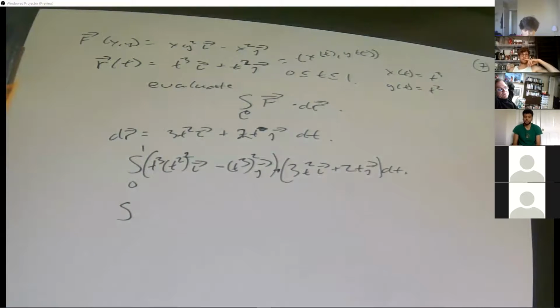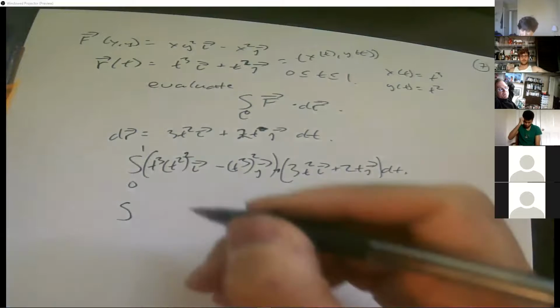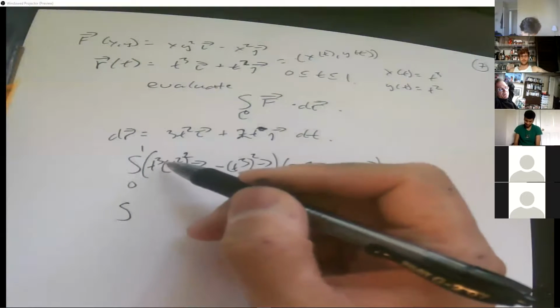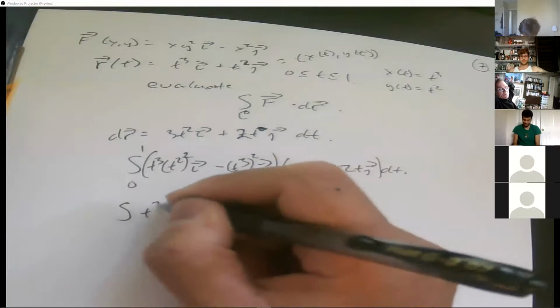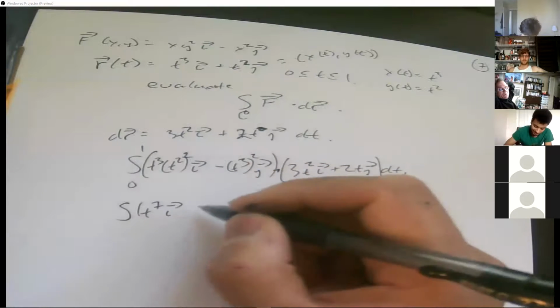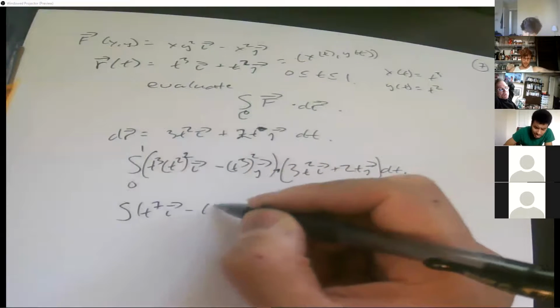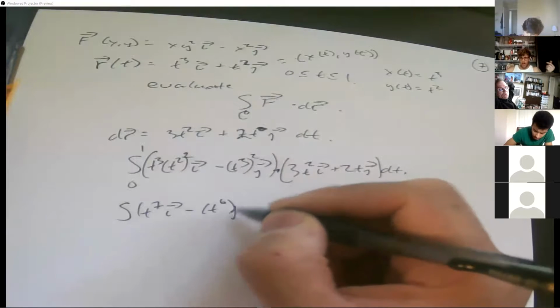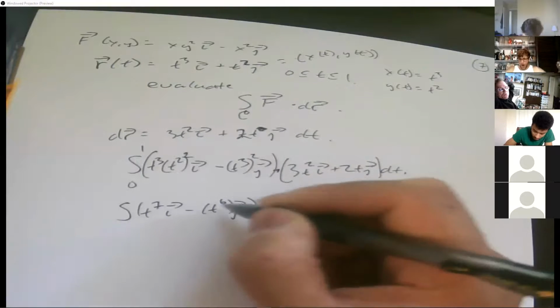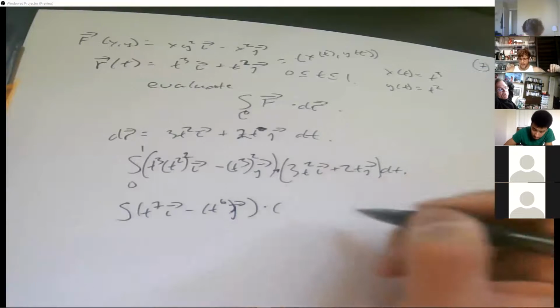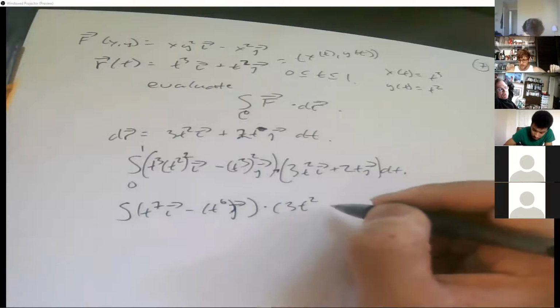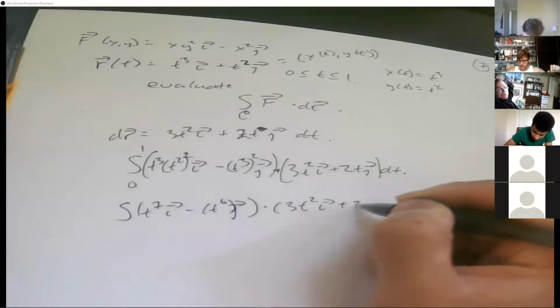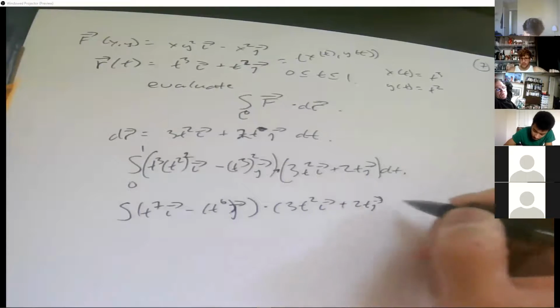Now we're going to take this dot product, right? I'll write this in a more compact form. 3 plus 4 is 7. t to the 7th i minus t to the 6th j, dotted with 3t squared i plus 2t j dt.